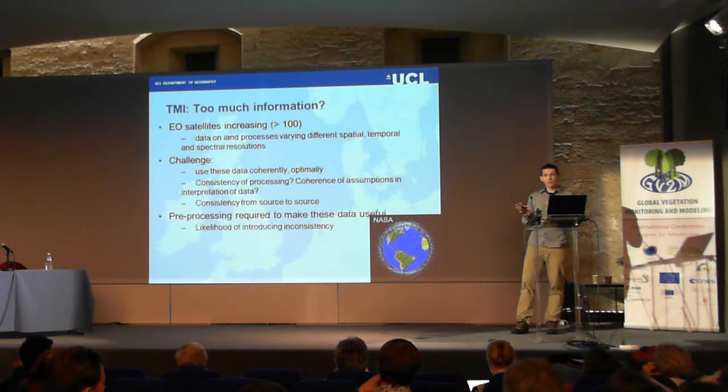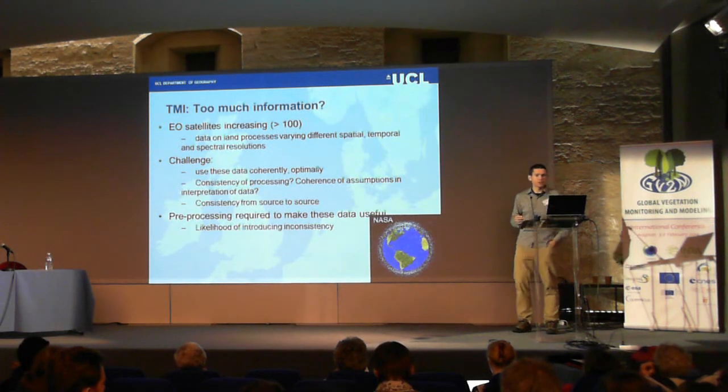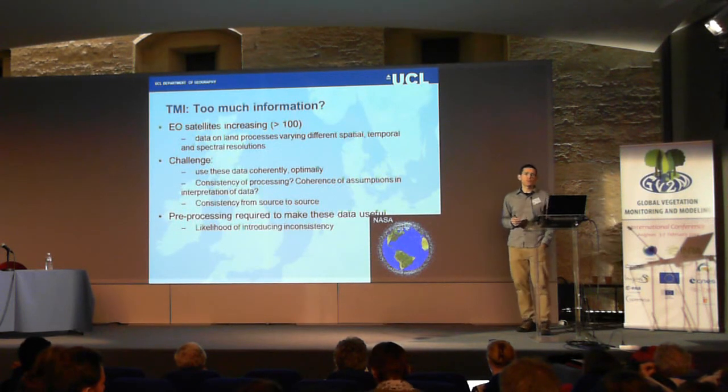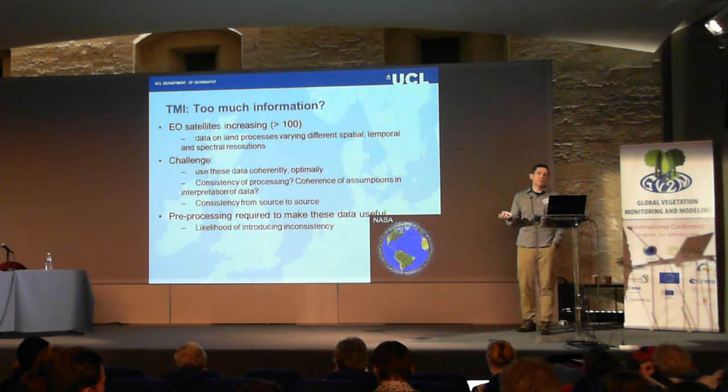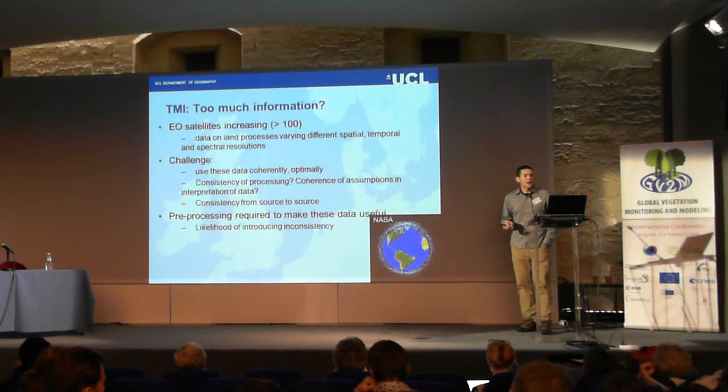That consistency is very often not there or is lacking. And that makes a big problem from an assimilation point of view, simply because you get different answers because you start from different assumptions, even about something like leaf area index, which appears to be well defined.